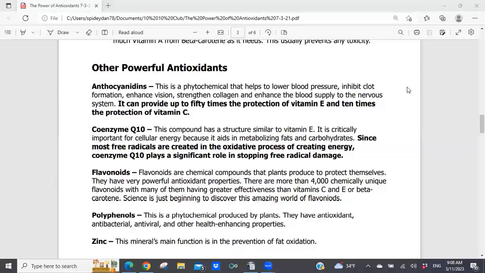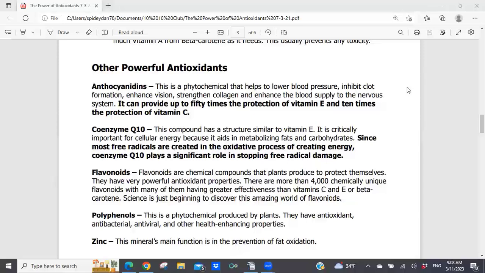But the same process that it interferes with in the creation of cholesterol in the liver also interferes with the production of coenzyme Q10 in the liver. So your liver stops producing the level of CoQ10 that it used to produce, which then has heart health effects. So it's extremely important that if you are on a statin, that you supplement with coenzyme Q10.